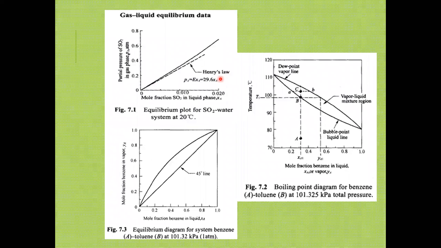According to that law, the partial pressure of SO2 in the gas phase is equal to the product of the Henry's law constant 29.6, divided by the total pressure, times the mole fraction of SO2 in the liquid phase. Since the problem mentions that we are to use the relationship in this figure, we ought to remember that the Henry's law constant H prime here is 29.6.